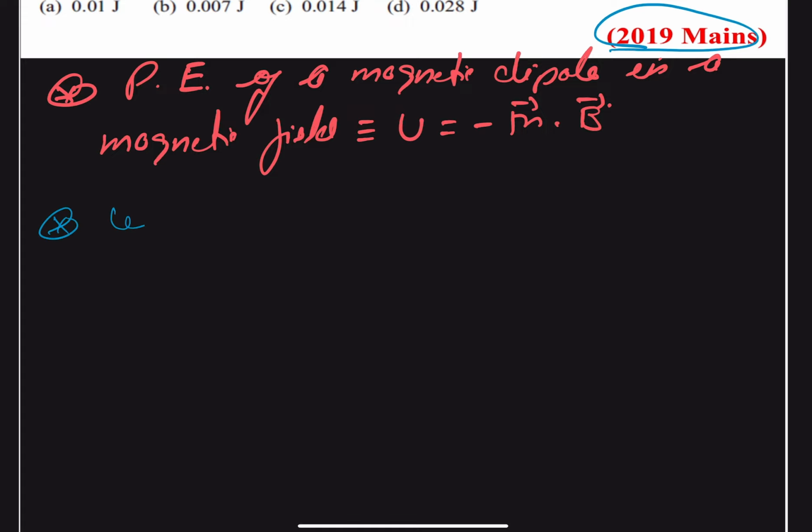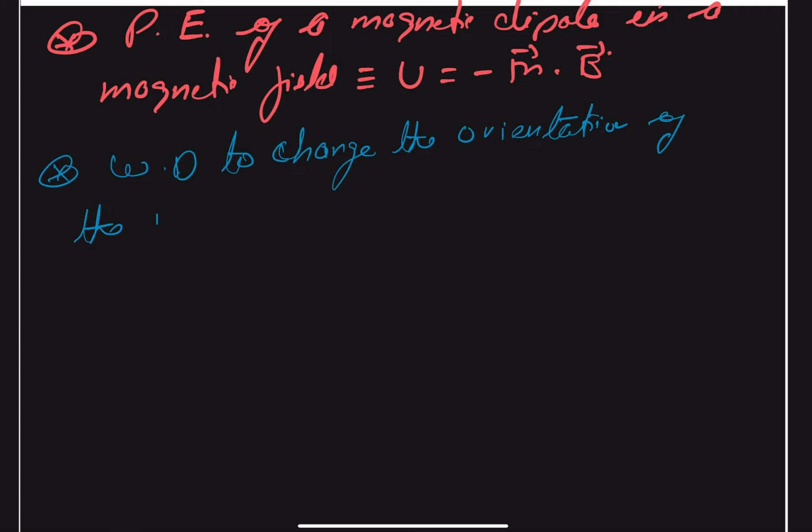So we can say the work done to change the orientation of the magnetic moment will be equal to the change in potential energy.